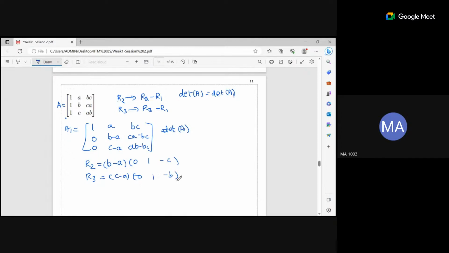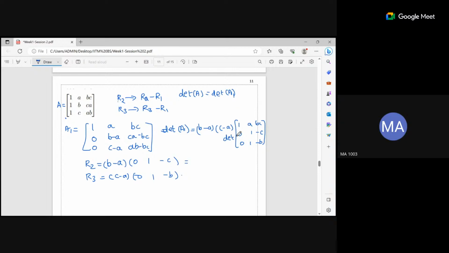When we have this kind of a number multiplied to a row, then you can write it as B minus A times C minus A, and then the matrix 1, A, B, C, 0, 1, minus C, 0, 1, minus B. And here the determinant is there, of course.